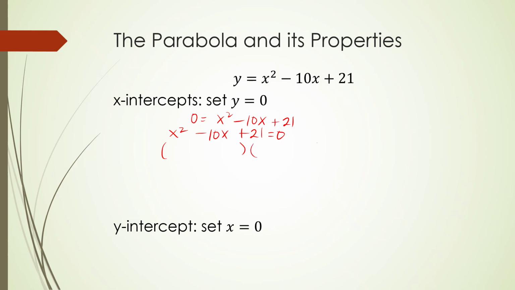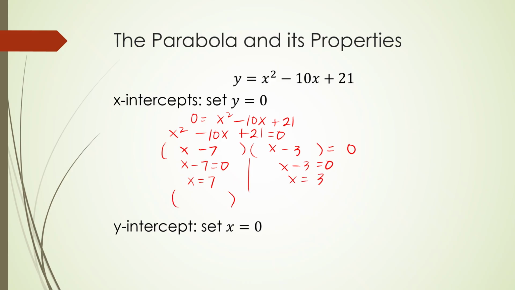So, the factors are x minus 7 and x minus 3 equals 0. Then, split this into two parts and equate each factor to 0. So x minus 7 equals 0 and x minus 3 equals 0. Therefore, the first value of x will be 7 and the second value of x here is 3.